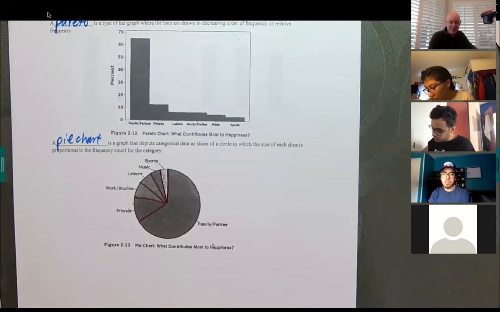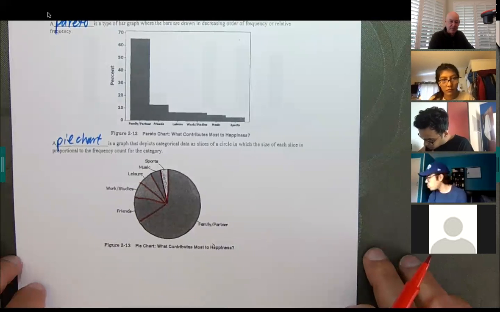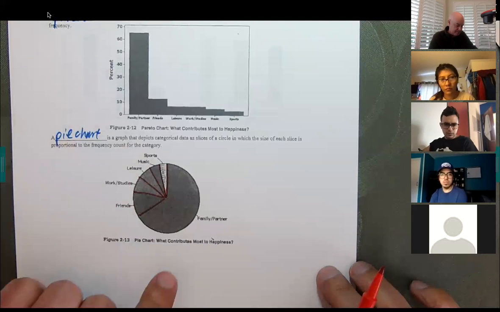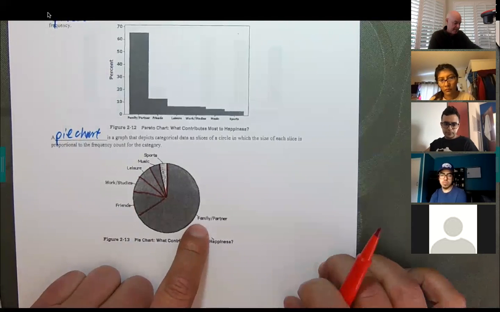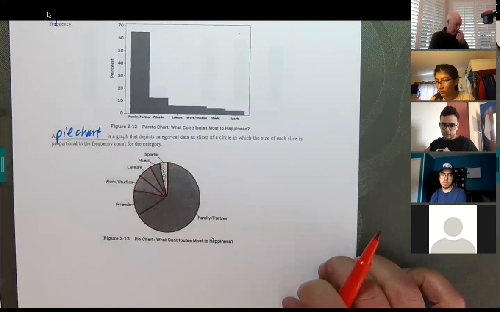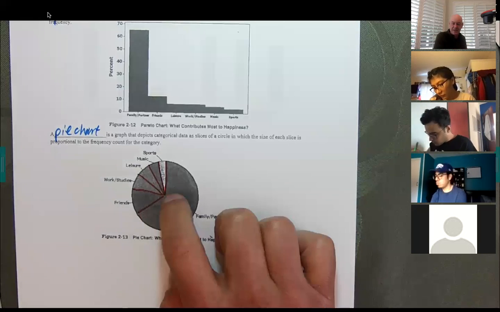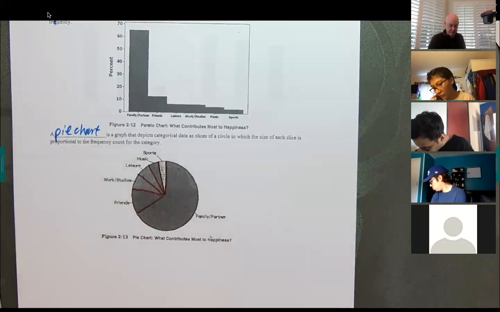Someone be brave, just let me know. I'm better at it now than I used to be, but by the way, these two are the same data, right? Family and partner, the largest chunk. This is originally in color, and you can see the nice bright colors, but in black and white, it just kind of turns out to be a big black blob.